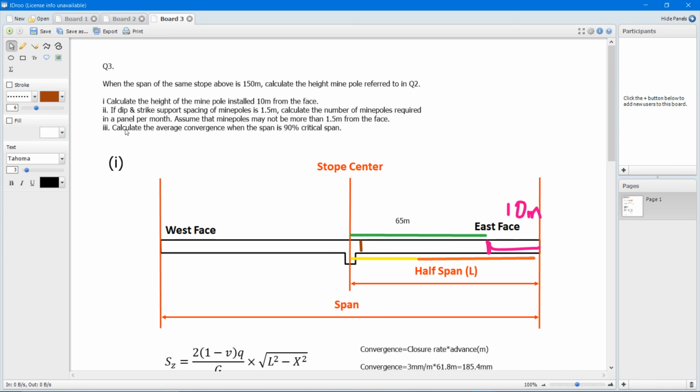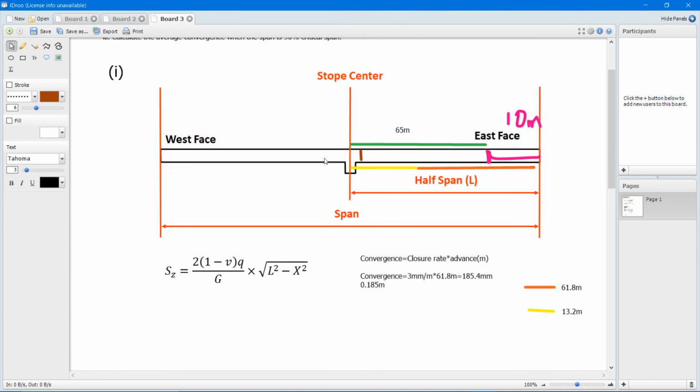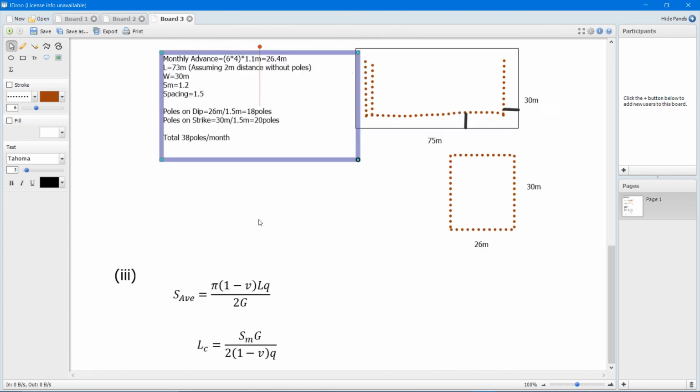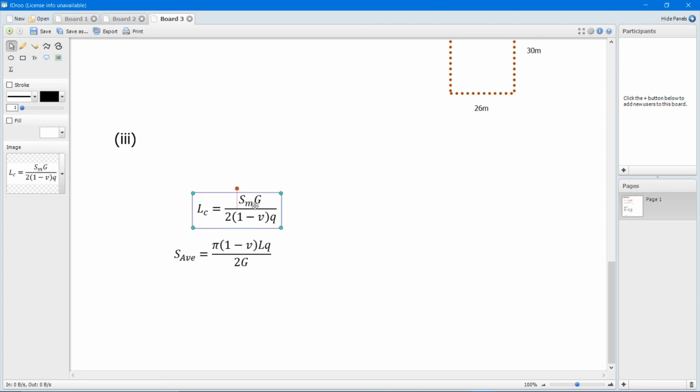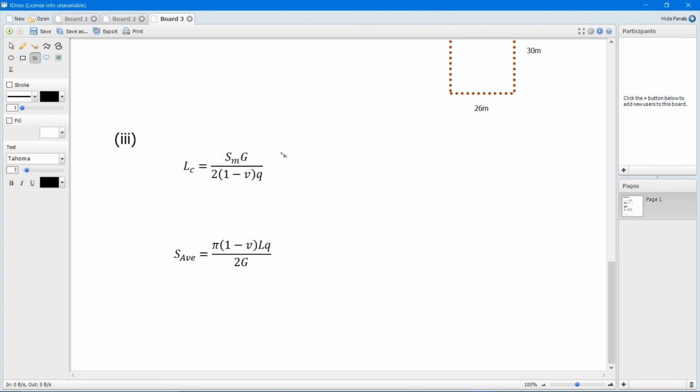Now, we have to calculate the average convergence when the span is 90% of the critical span. Considering we have formulas, that's going to be an easy task. So there we go.